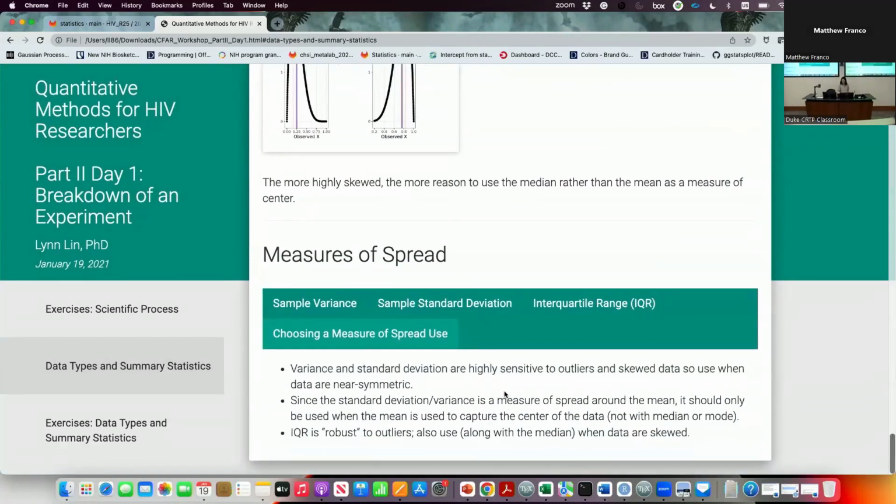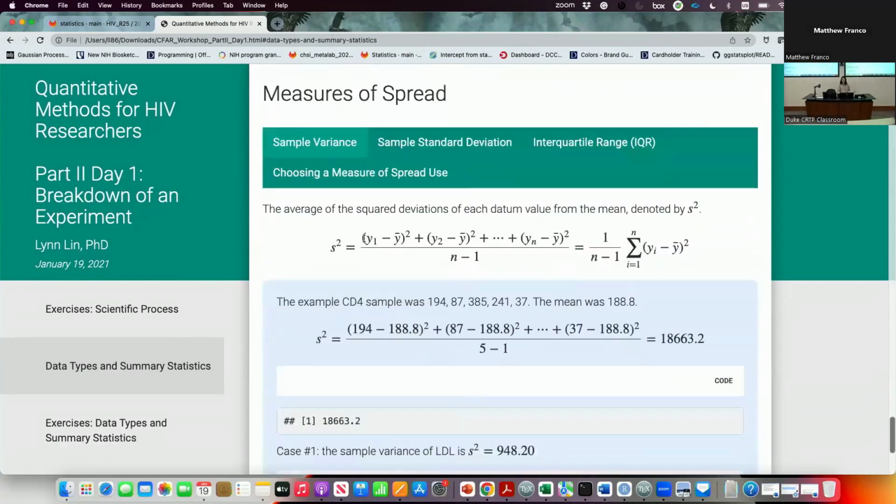These are measures of the spread. Again, this formula looks similar to the formula of the mean, in that we take all the data into account to calculate the variance or standard deviation.